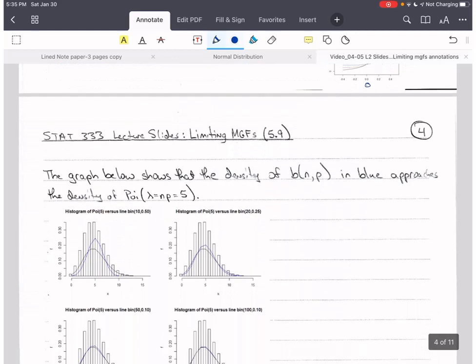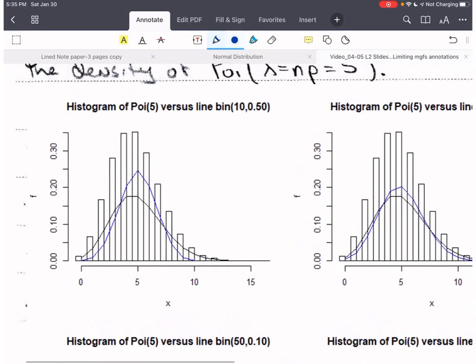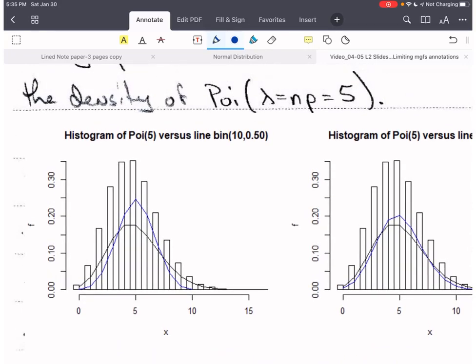All right. Now, let's look at the density of the binomial distribution. It's in blue, and it approaches the density of the Poisson, which is in black. So let's look at these histograms. Again, these are simulations that I performed to show what's happening. This is 10 and 1/2, and you see that the black is not quite symmetrical.